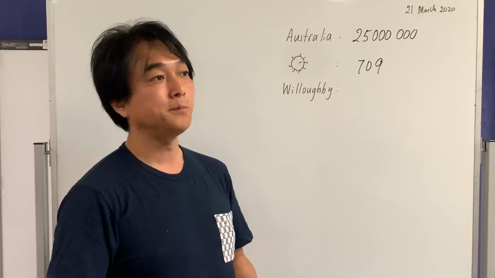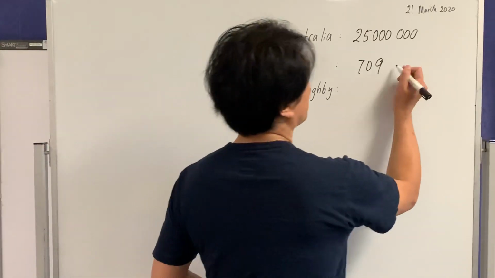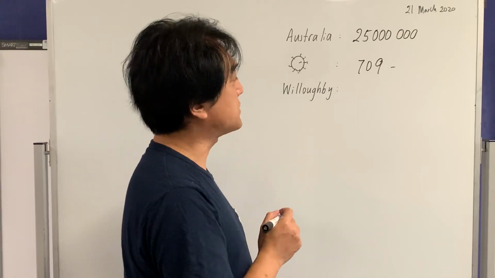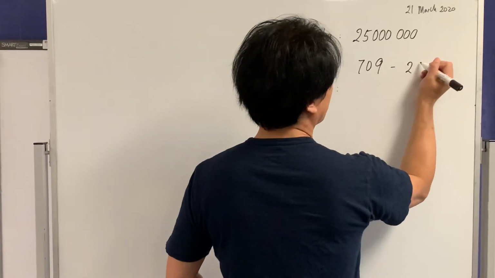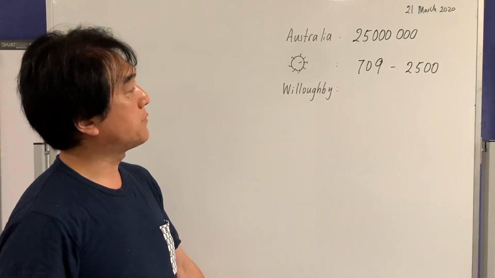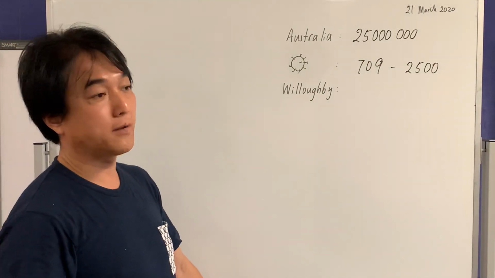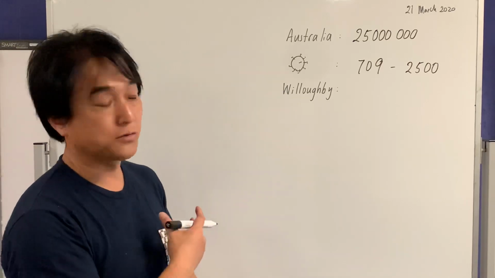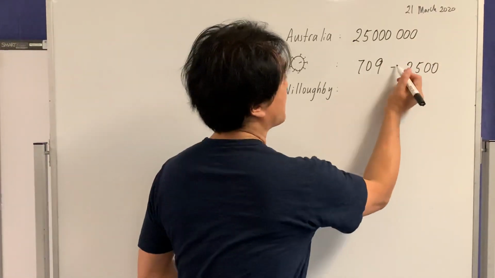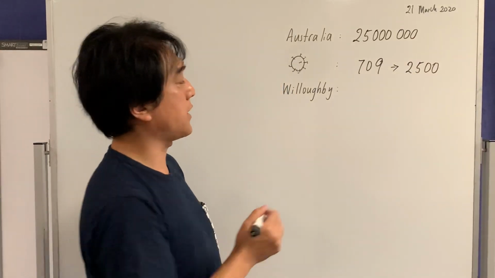There may be a lot more people infected in Australia. So to honor her opinion, and for the maths activity's sake, I'm going to say 2,500 people are actually infected in Australia. It's not true, as you know, but we're just using this number for the mathematical sake of the day.